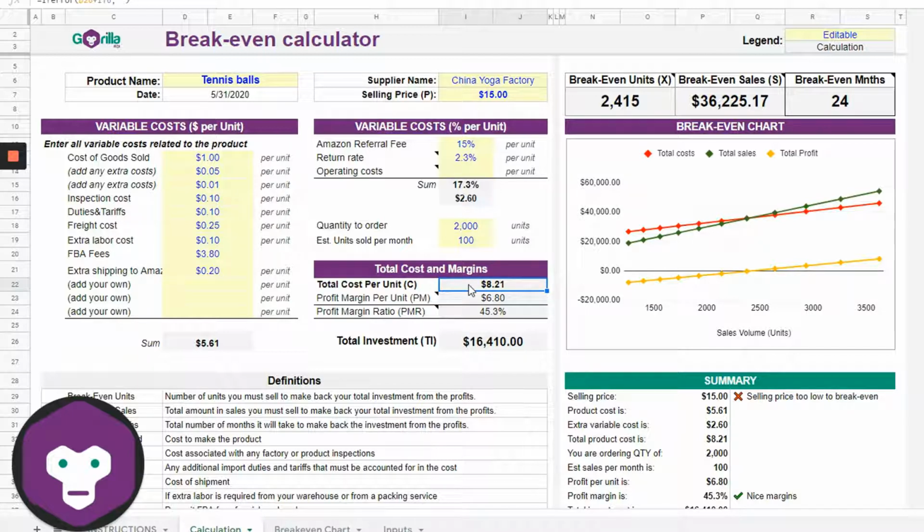So all up, this product is going to be costing me $8.21 from an account basis. With a selling price of $15, that means my profit margin is $6.80. This is going to be closer to the gross profit, because I haven't added any operating costs into this section.